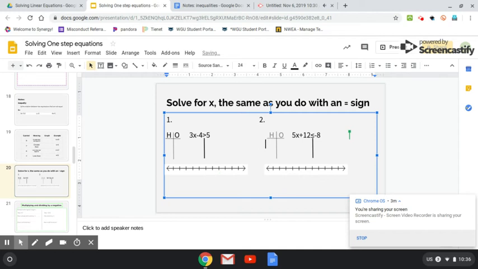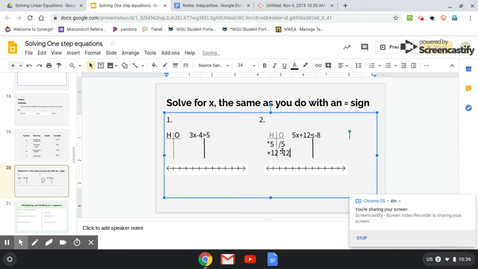So I am multiplying by 5, so I'm going to write down multiplying by 5, and the opposite of that is to divide by 5. Make sure you have these in the right spot. And then I am also adding 12, and the opposite of adding 12 would be to subtract 12.